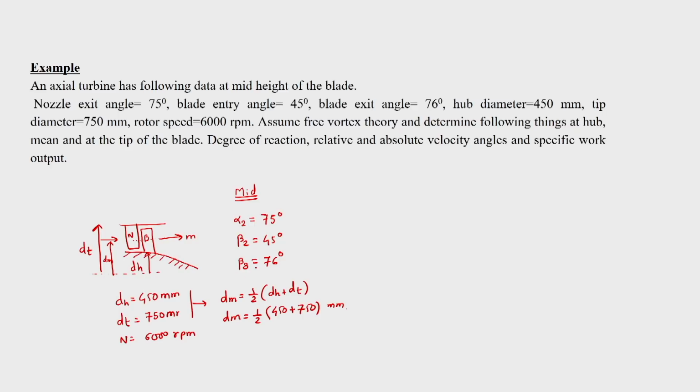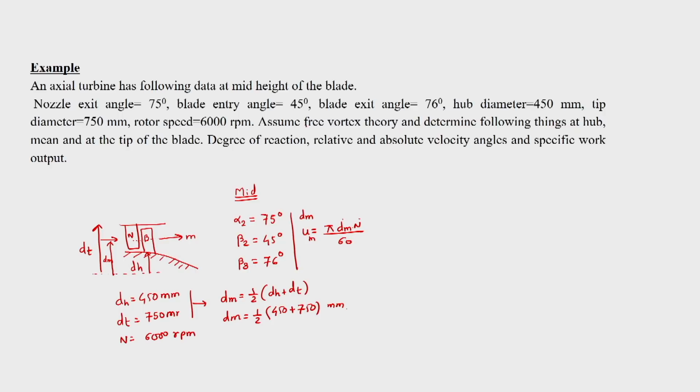So now at the mid we also know what Dm is in mm, and we know that U, the tangential velocity at the mid plane, Um is pi Dm N by 60. We know N, we know Dm, so we can find Um. So these things are given.